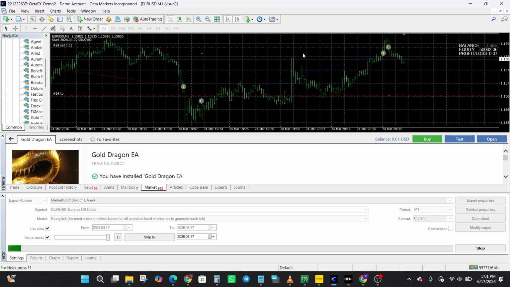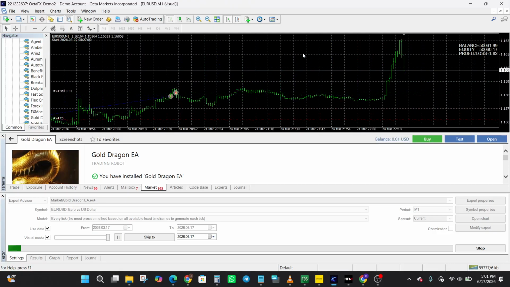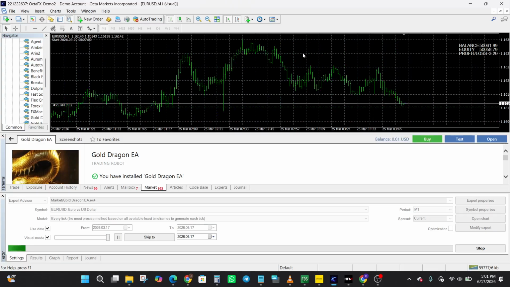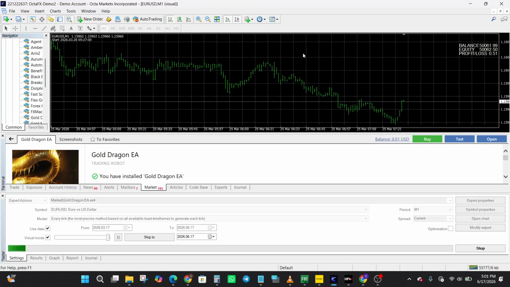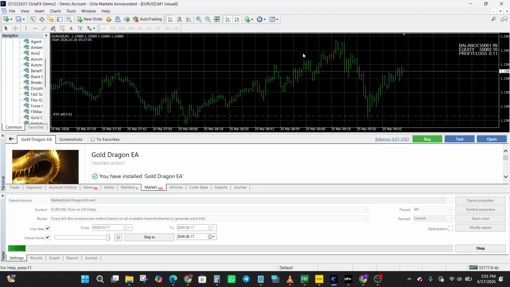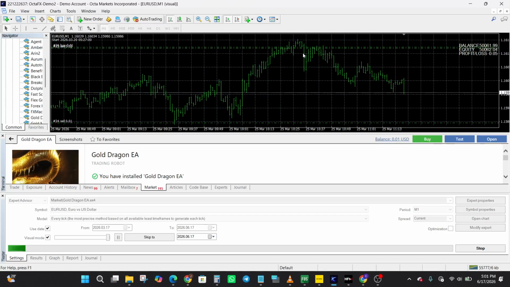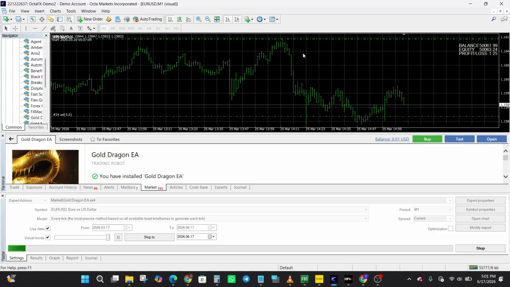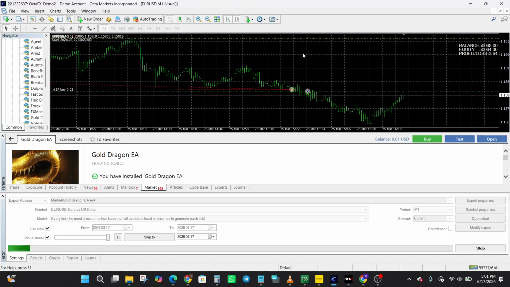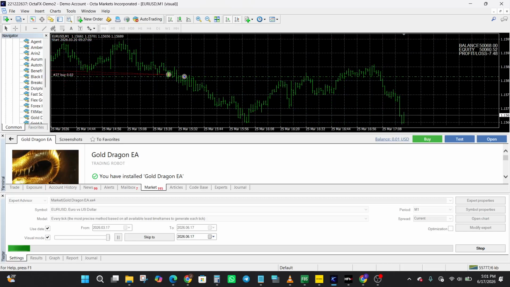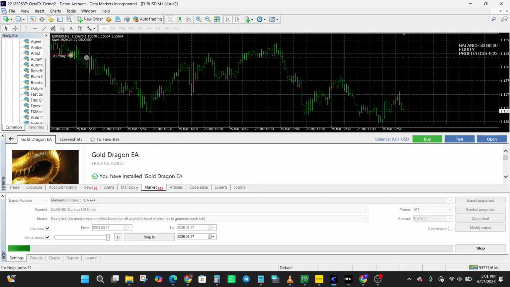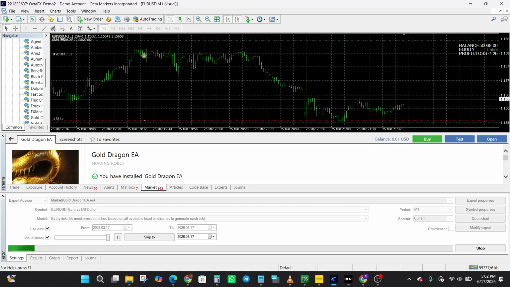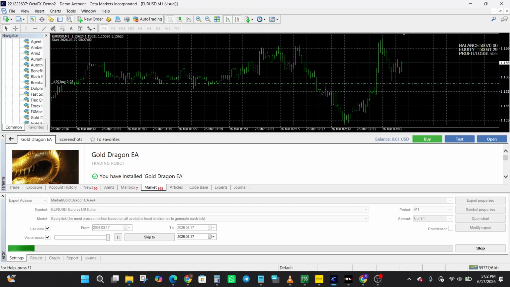As for the results, historical test performance can vary considerably depending on lot size selection, risk settings, broker execution quality, spread conditions, slippage, account size, and overall market behavior. User optimization can also have a significant impact on outcomes. Overall, the Gold Dragon EA is a multi-currency MT4 expert advisor that combines a proprietary indicator with an averaging and martingale-based approach.